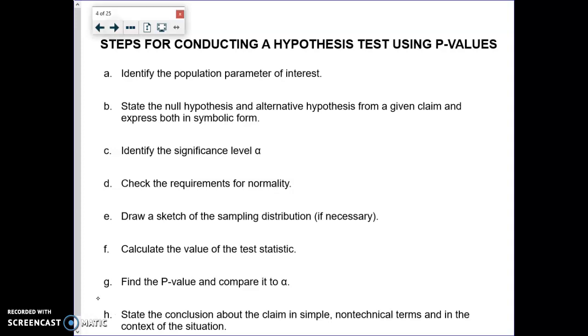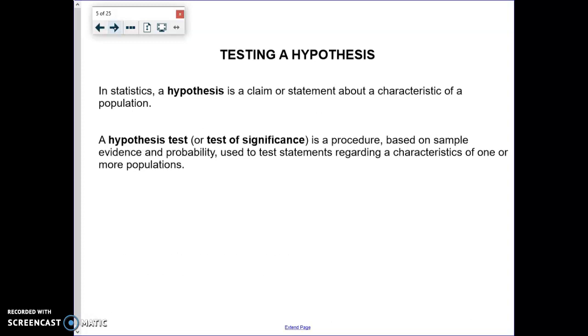But let's talk about the idea of B, these hypotheses. And from your days in science class, a hypothesis is just a claim or statement about a characteristic of the population. For instance, our example we started class with, do we believe that the human body temperature is something other than 98.6 degrees Fahrenheit? That would be a claim, and then we have to test it using sample data.